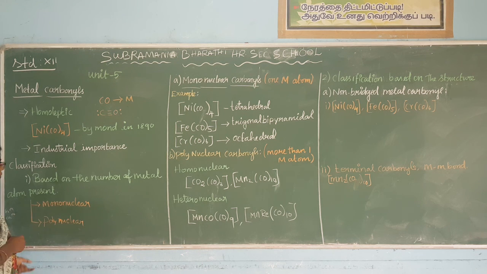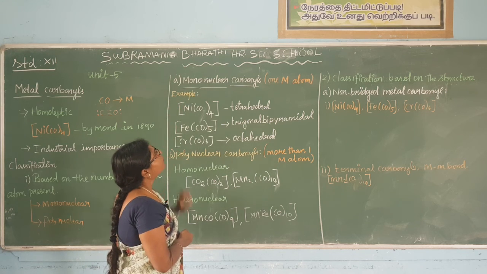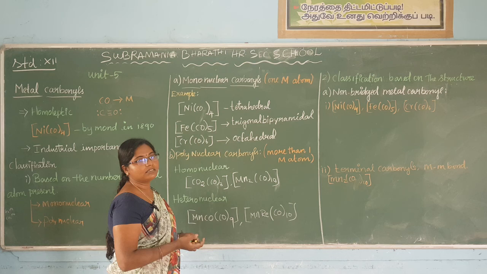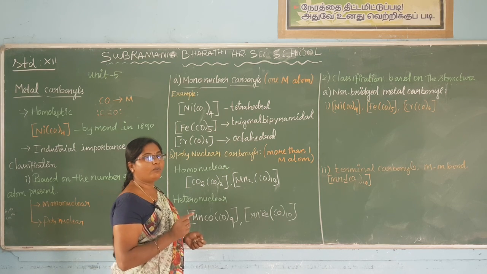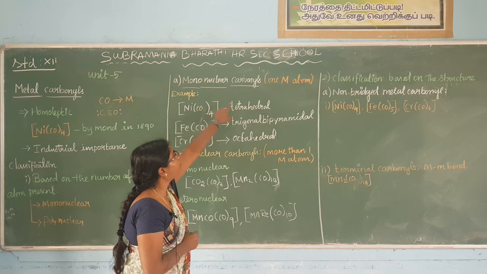It can be of two types: the first one is mononuclear and the second one is polynuclear. Let us first discuss mononuclear carbonyl. Mononuclear in the sense it will have only one metal atom, that is called mononuclear carbonyl.